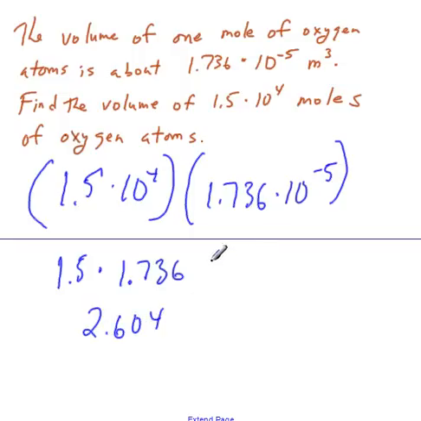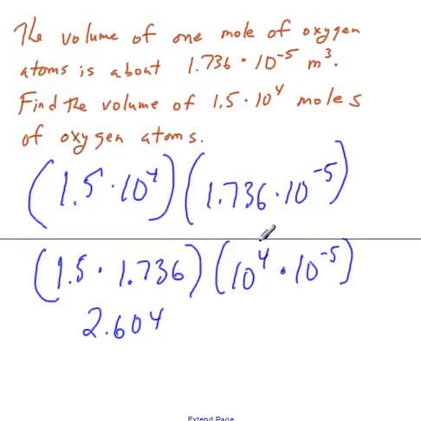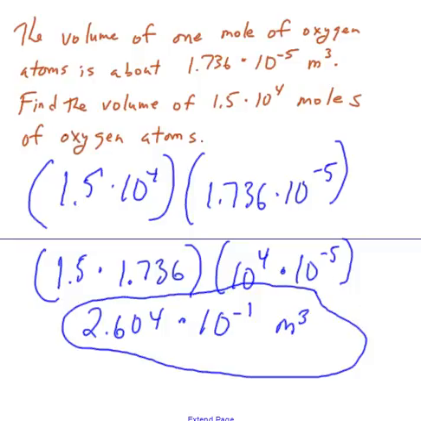The powers of 10 I'll put together over here, and we can do those without the aid of a calculator. We add the exponents, so 4 plus negative 5 is times 10 to the negative first. And so that's the volume, so obviously the volume is much greater because you have a whole lot of these moles. So that, again, volume would be a fraction of a cubic meter.